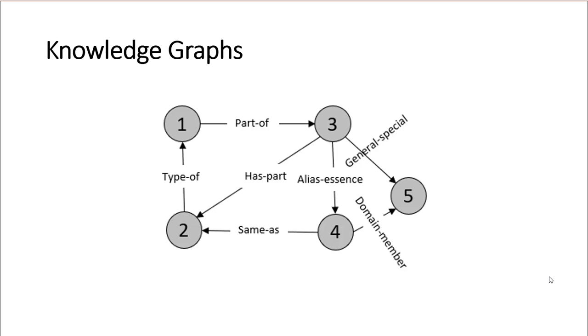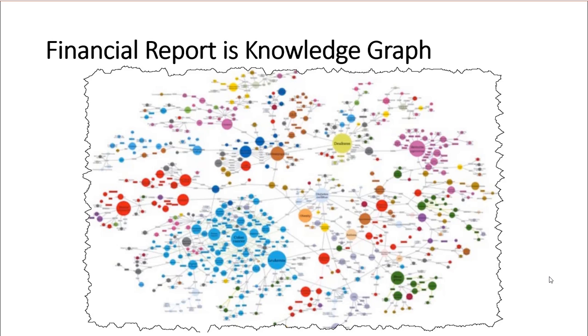And knowledge graphs are inherently easy to understand by business professionals. It's a very straightforward model. People build knowledge graphs all the time. They don't even realize it. I'm not going to go into this any further, but this is what a knowledge graph looks like.